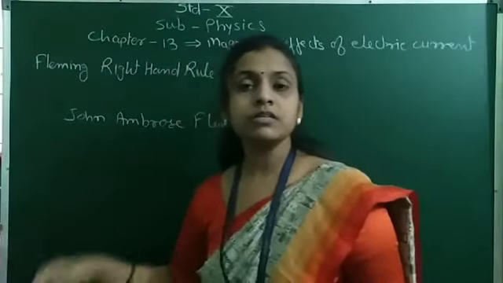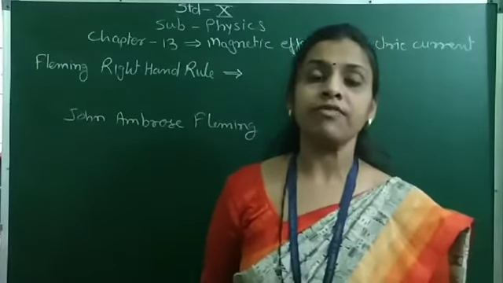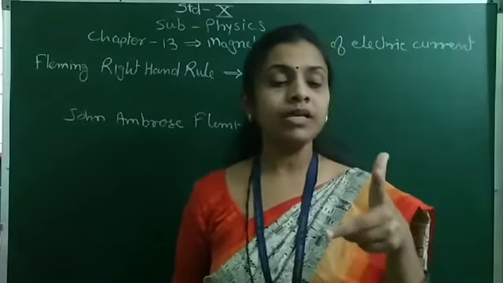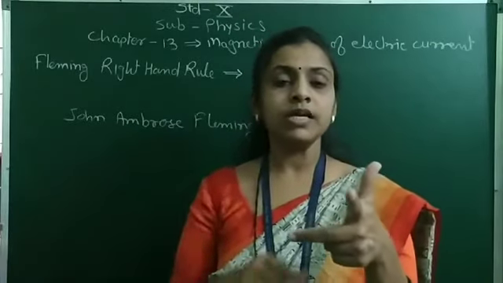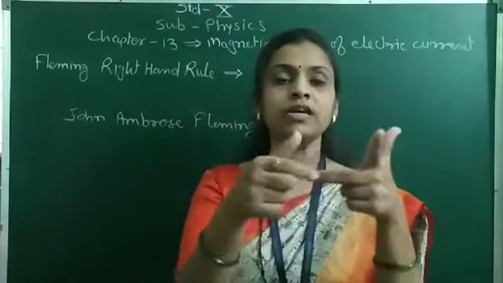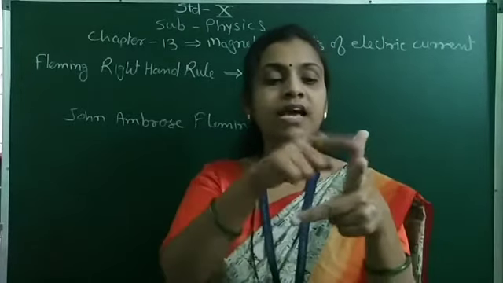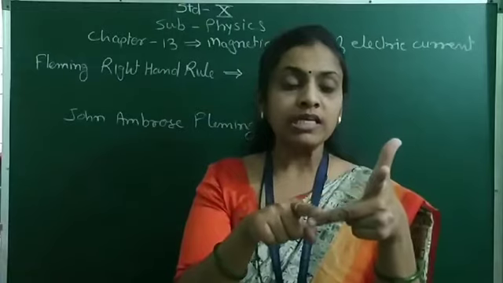Now first we will see what the Fleming left hand rule is. We already saw the Fleming left hand rule. That is, stretch the thumb, forefinger and middle finger of the left hand in such a way that they are mutually perpendicular to each other.